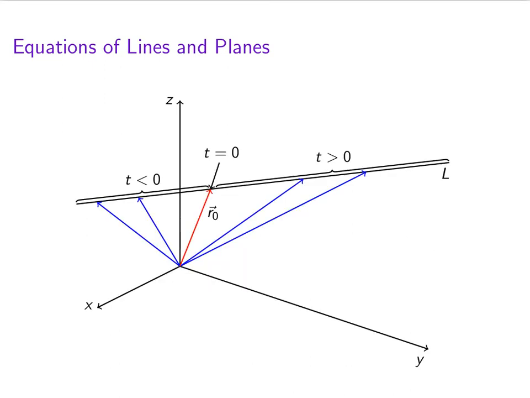So here's another picture showing us various values of t giving us different points on the line. As t becomes large positive numbers, we sort of move off to the right. t equals 0 points to the fixed vector that we're starting with, r0. Negative values of t move us off to the left side of the line.